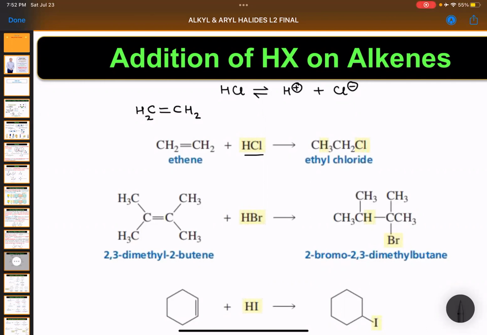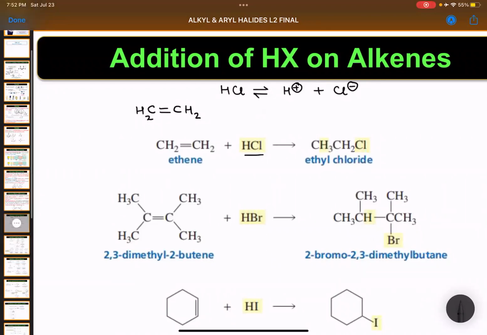Both can take place, depending upon the charge. It depends upon the charge.